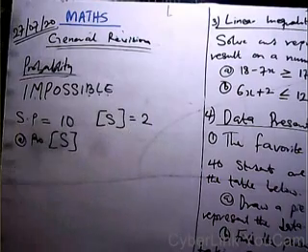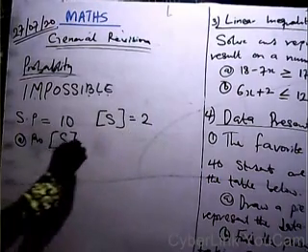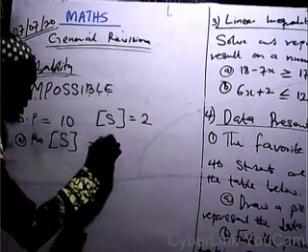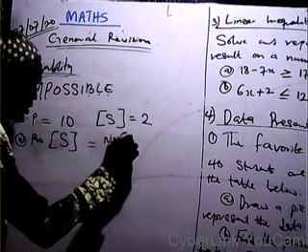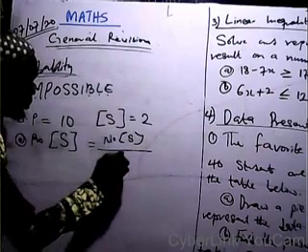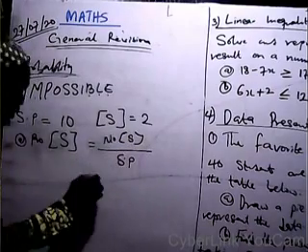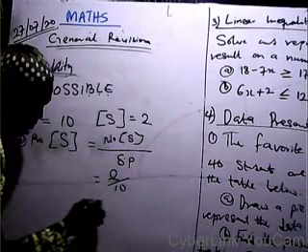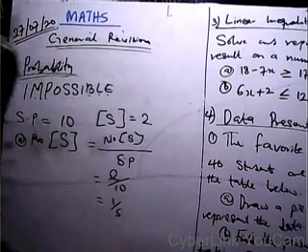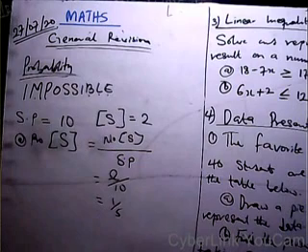The probability of getting S now will be number of S over sampling space, which is 2/10, which is 1/5 at the end. That is the probability of getting letter S from the word impossible.